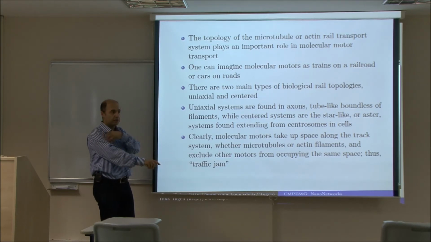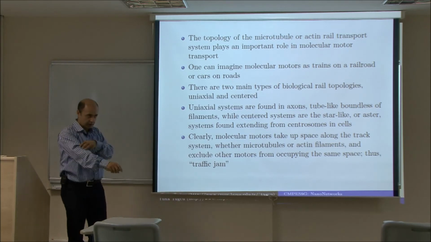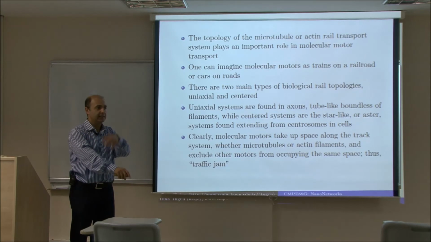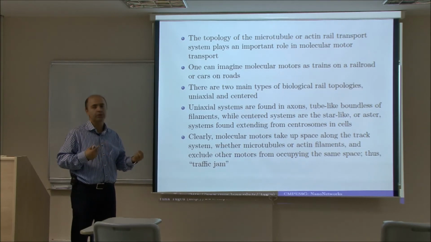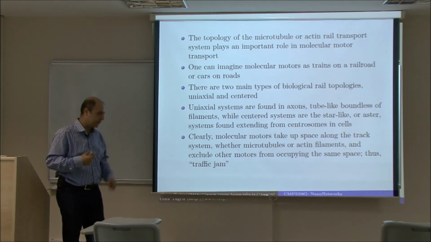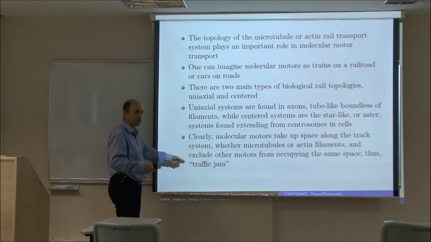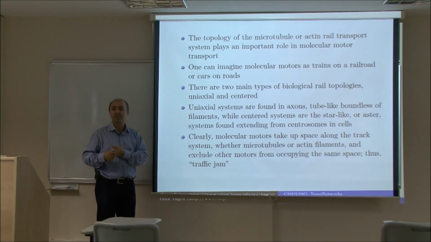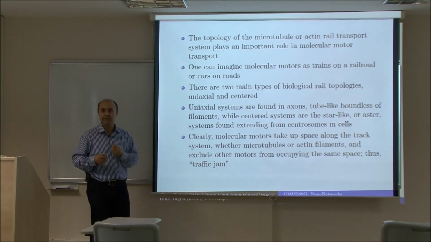Now, taking this volume consumed by the molecular motor and the others nearby, if there are many molecular motors close to each other, now we can talk about a traffic jam occurring over this rail. This is like many trains side by side on the rail. Then you would have a traffic jam there. Okay?